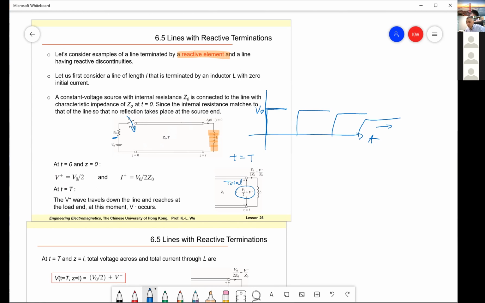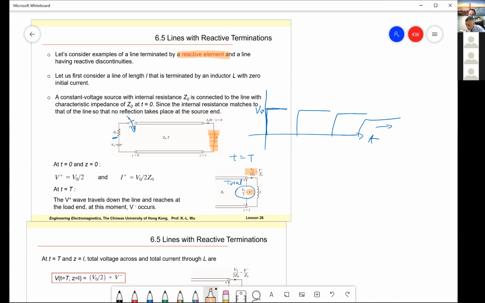We have a total voltage. The total voltage is the incident wave, which is V0 divided by 2, and then we know we have a reflected voltage. So far I don't know what it is, but it must exist. Not only voltage but also current. The incident current is voltage divided by characteristic impedance.